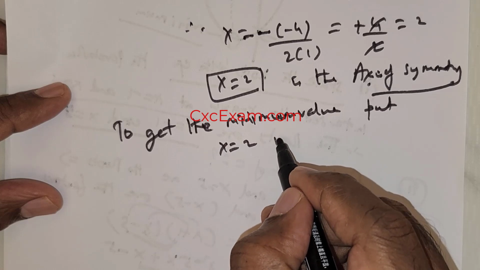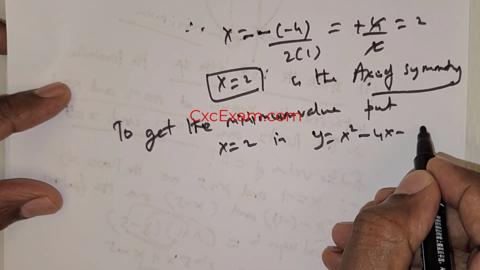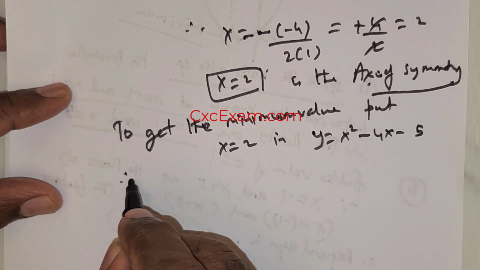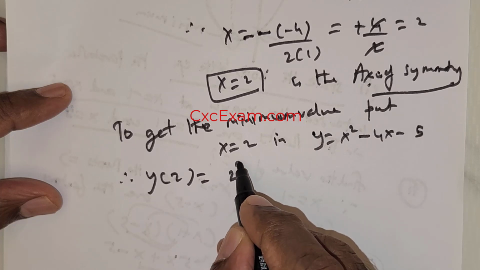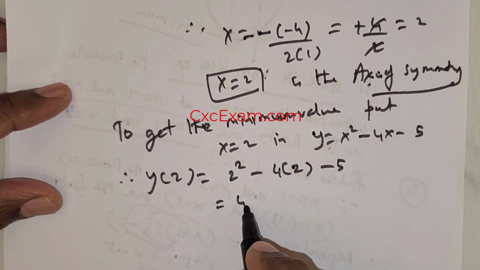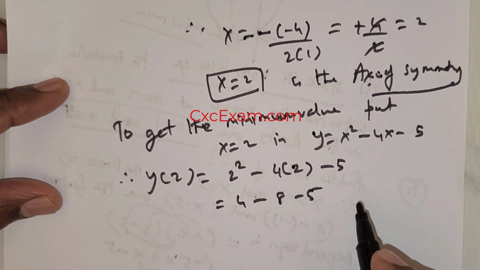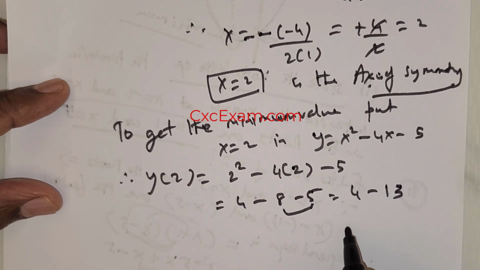Put x is equal to 2 in y is equal to x squared negative 4x negative 5. So therefore you get y of 2 is equal to 2 squared negative 4 of 2 negative 5, which is 4 negative 8 negative 5. Add these together, you get negative 9.